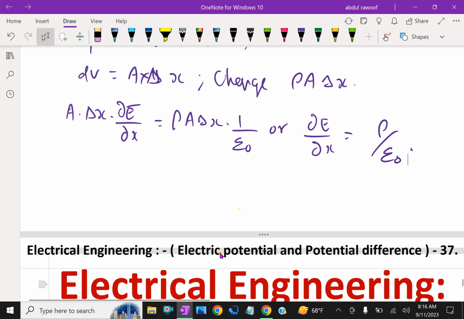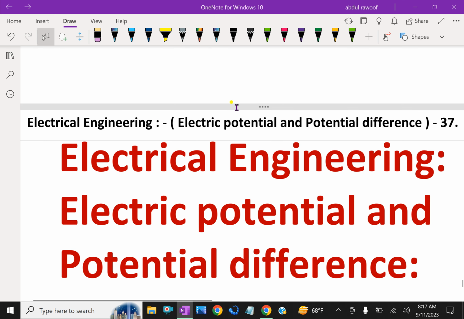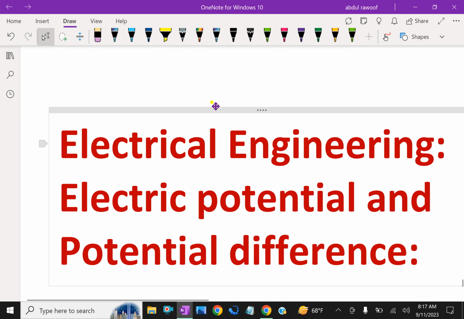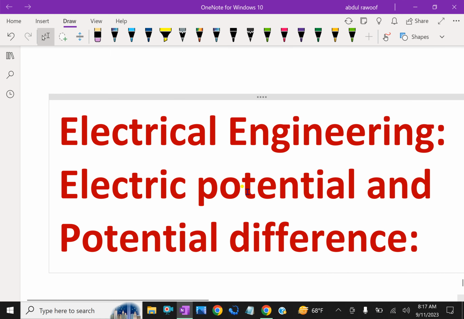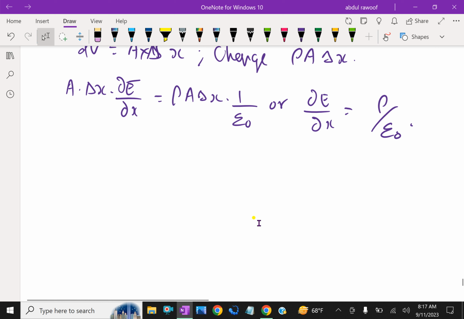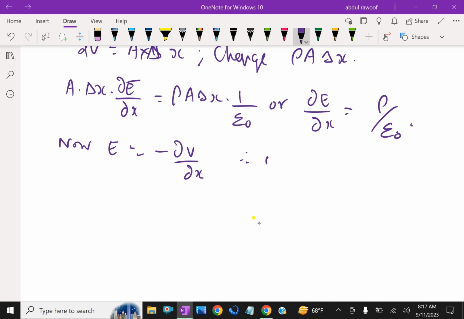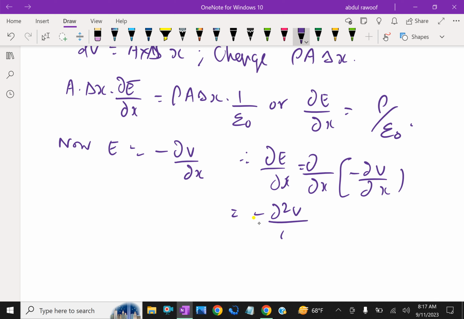Now E equals minus dou V by dou x. Therefore, dou E by dou x equals dou by dou x of minus dou V by dou x, which equals minus dou square V by dou x square, which is further equal to minus rho over epsilon 0.